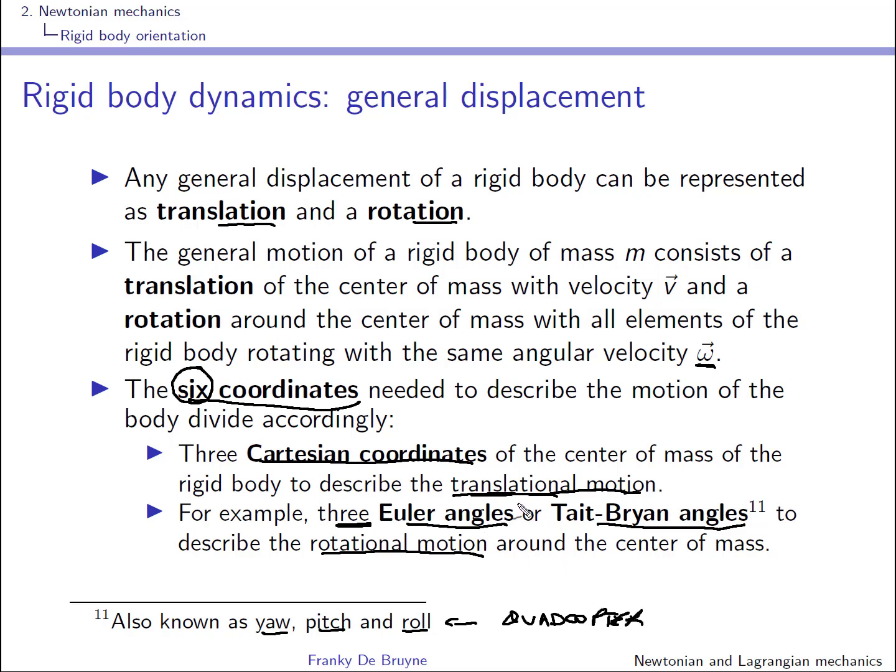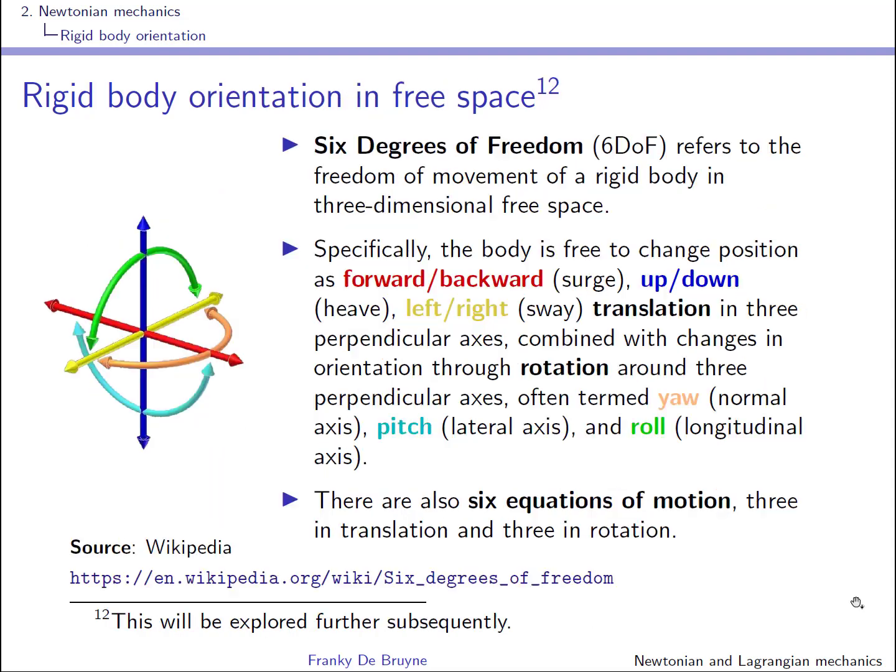The Euler angles are described in the slides, but you will see they are marked for your information only, so they will not be covered in this presentation. So if you want to describe the motion of a rigid body in free space, and we will do that for our quadcopter, you see that there are 6 degrees of freedom, and there will be 6 equations of motion, 3 in translation and 3 in rotation, right?